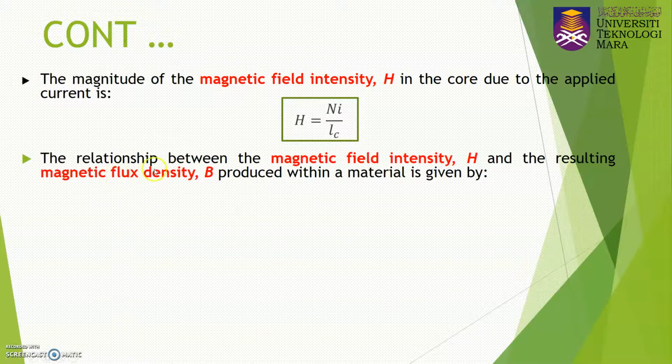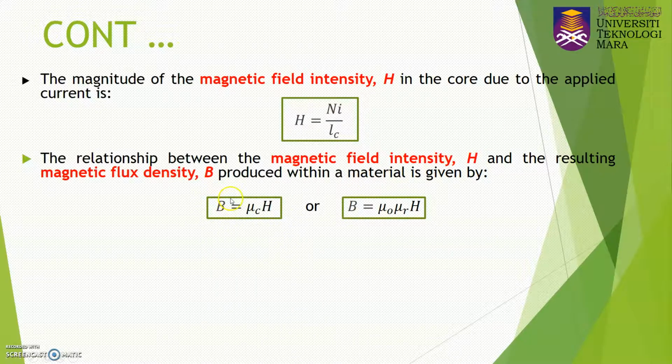And then the relationship between the magnetic field intensity H and the resulting magnetic flux density B produced within a material is given by this equation: B, the magnetic flux density, is equal to mu C multiplied with the magnetic field intensity H.